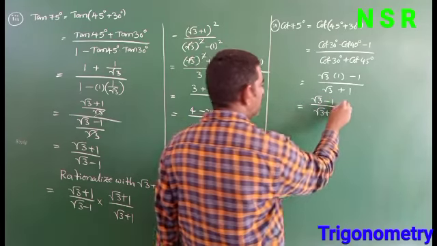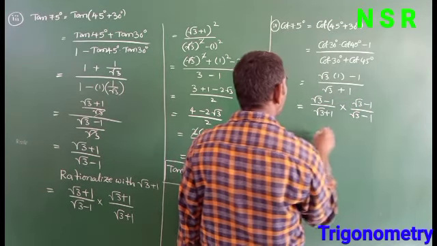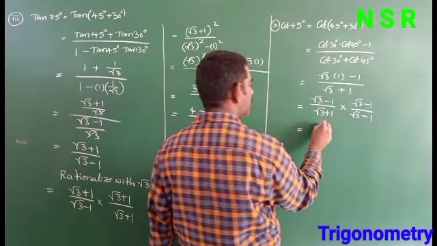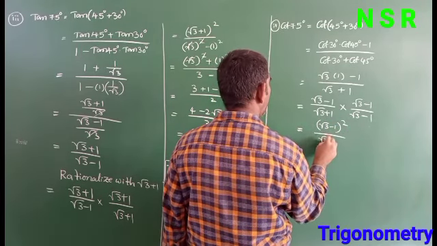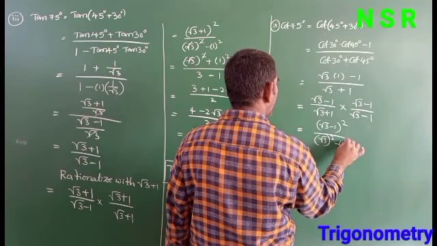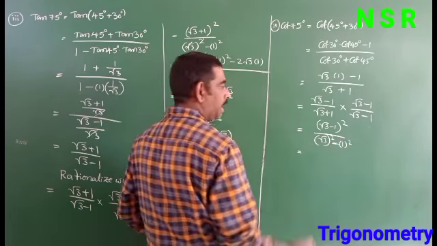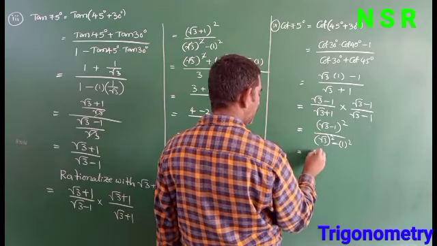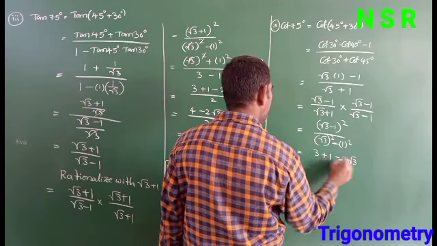Here rationalize with root 3 minus 1 by root 3 minus 1. So (root 3 minus 1) whole square by, here apply (a plus b) into (a minus b), a square minus b square. Now apply the (a minus b) whole square: root 3 square is 3, 1 square is 1, minus 2 into root 3 into 1.